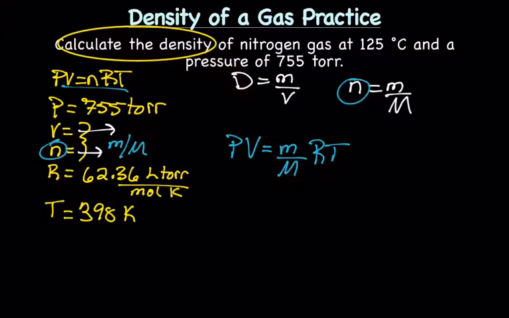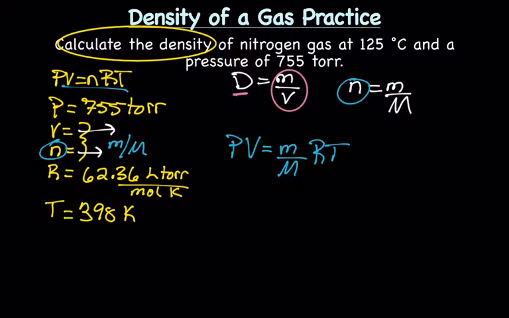Okay, remembering that what we really want is density, and density is mass over volume. Look here. In our new ideal gas law that we just wrote, we have mass and volume. So let's rearrange this so we end up with mass over volume, which is density, which is what we're looking for.